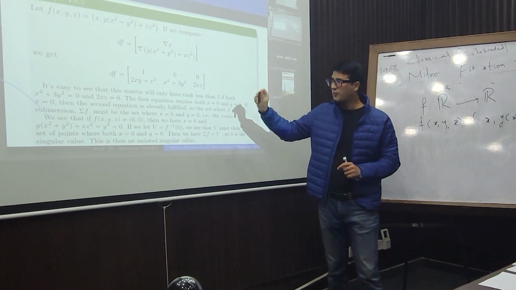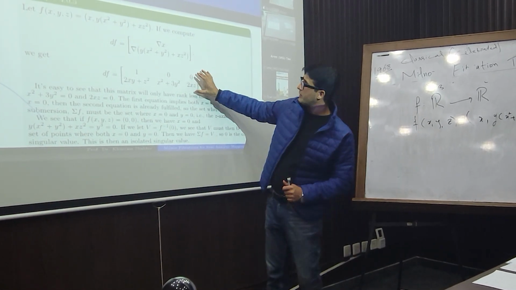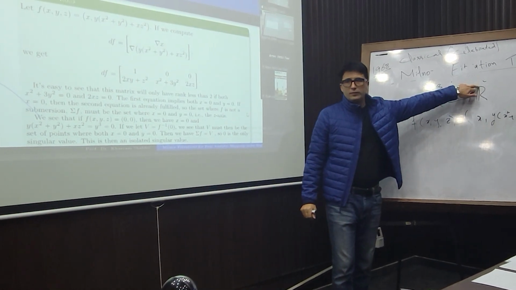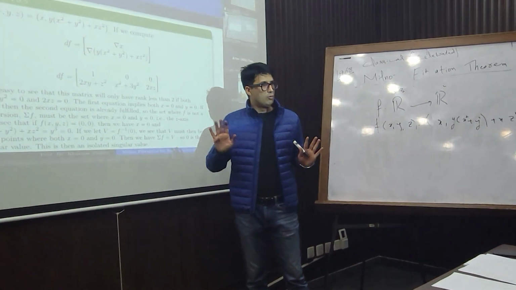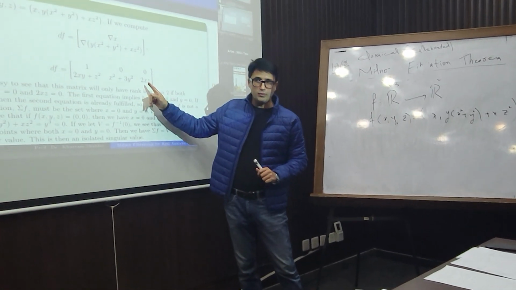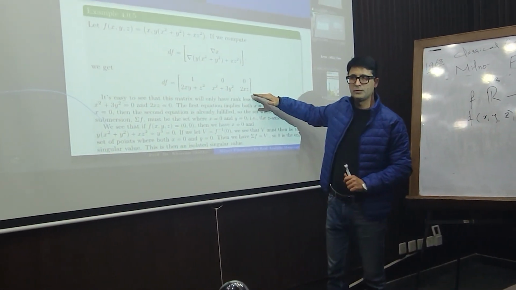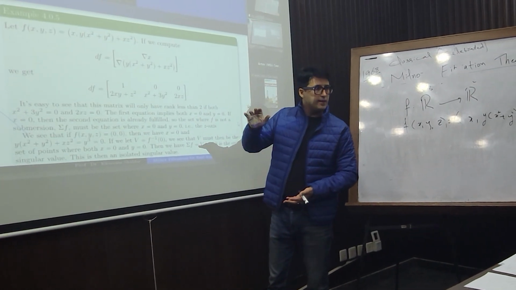The question is the rank of this matrix. Because the dimension of this space is 2, if the rank is 2, then there is no singular point. So we will get the singularity only if this part is 0. If this part is 0, then the rank is less than 2.